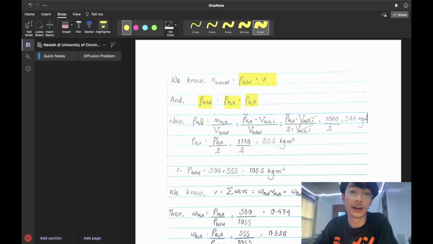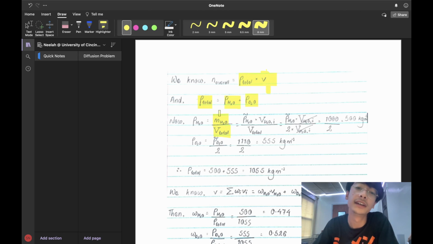As we write it down, it's the mass of water divided by the total volume of the capillary. I'm representing volume by this stylized V, so it doesn't get confused with these mass average velocities.